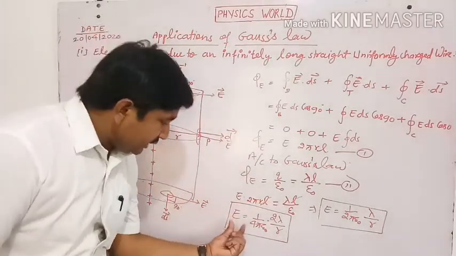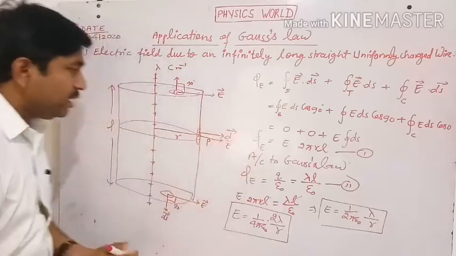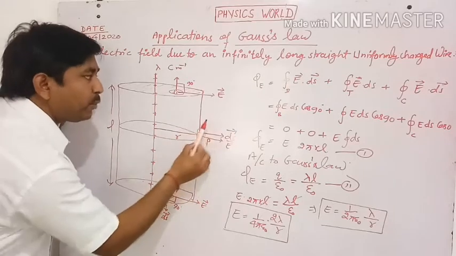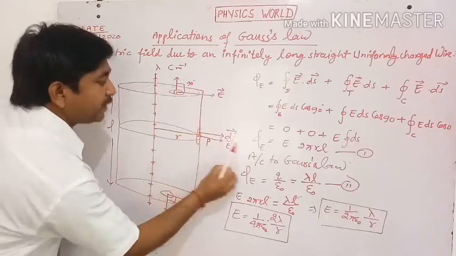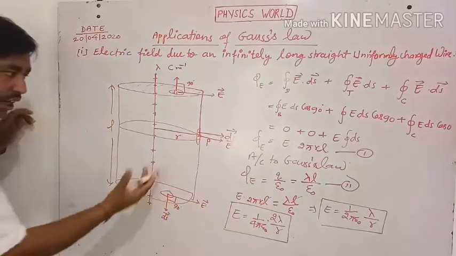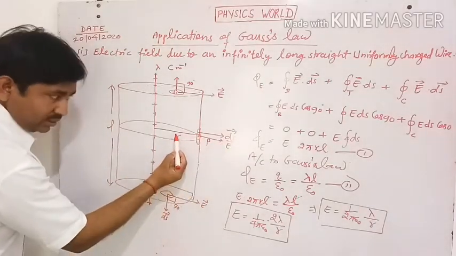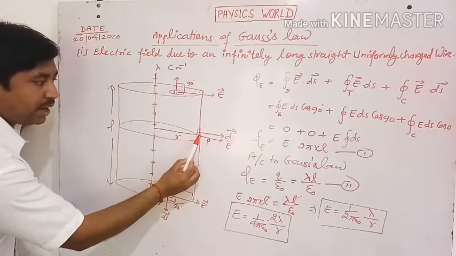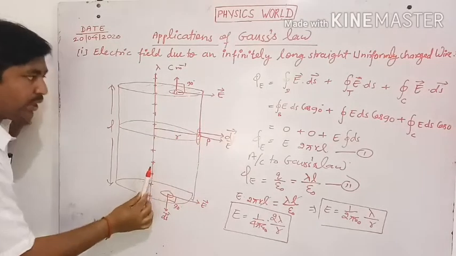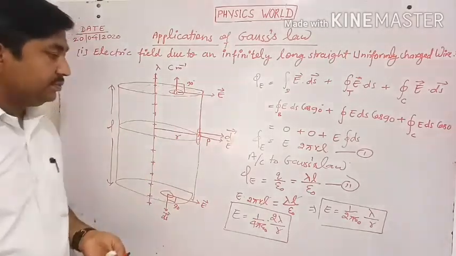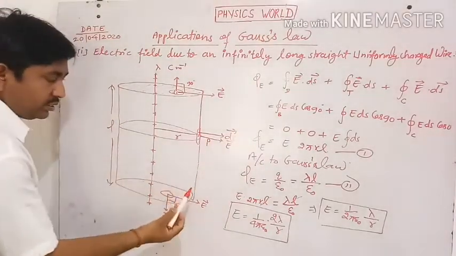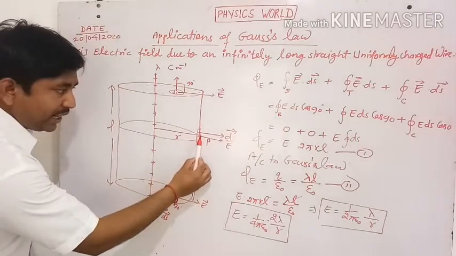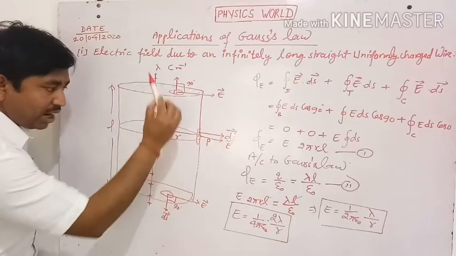If we write this formula in the vector form, then we can easily see that the direction of the electric field at every point on the surface is always perpendicular to the area vector. So this direction of the electric field is always parallel to the radius vector, that is the position vector of this point from the perpendicular, the direction of the electric field at this point is always along the direction of r.